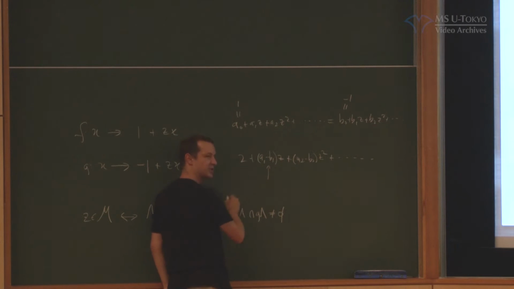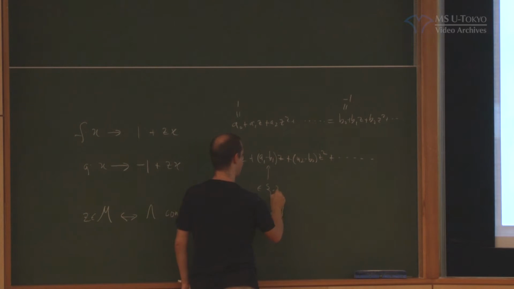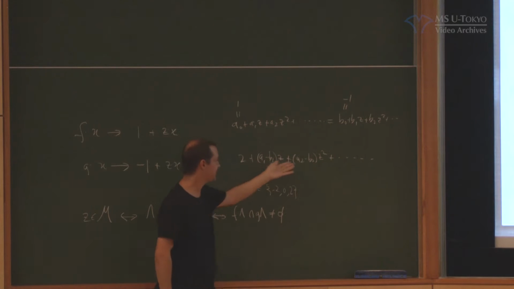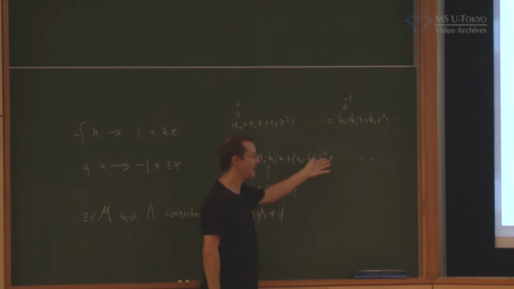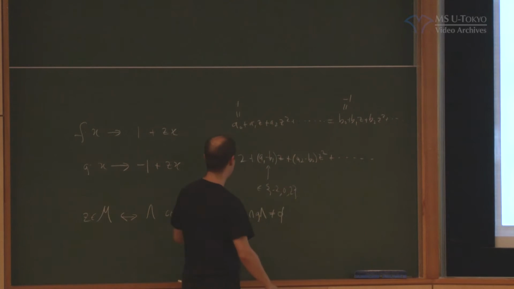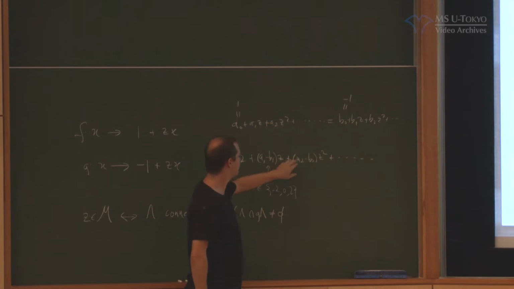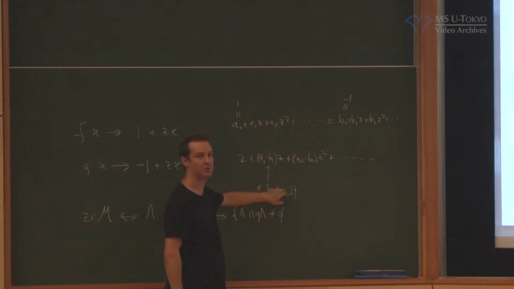Now each of these coefficients is minus 2, 0, or 2, because it's a difference of something which is 1 or minus 1 and something else which is 1 or minus 1. And if that's equal to 0, let's just divide through by 2. Then we've got a power series starting with 1, all of whose coefficients are equal to 1, 0, or minus 1.